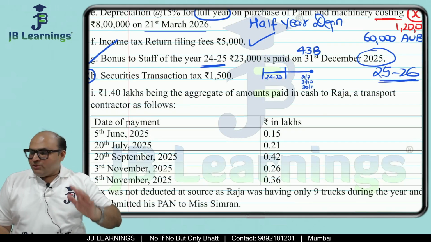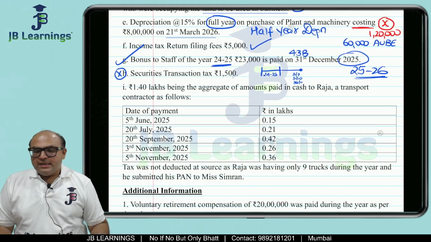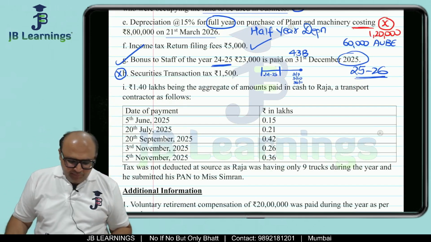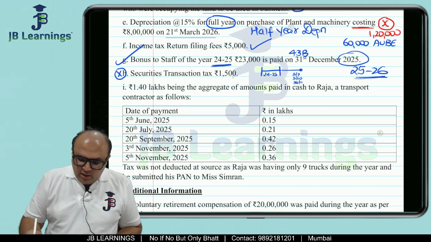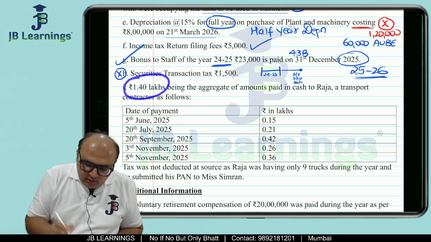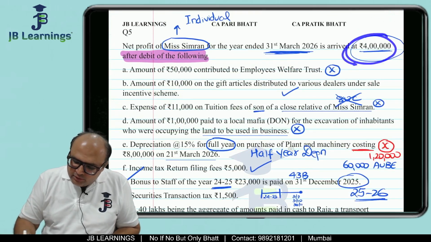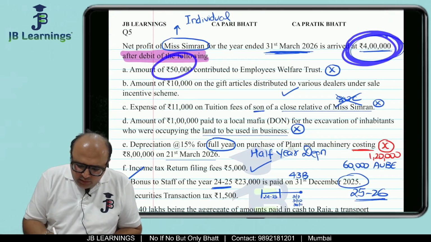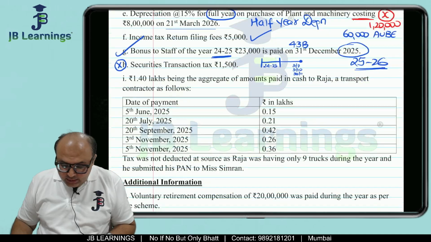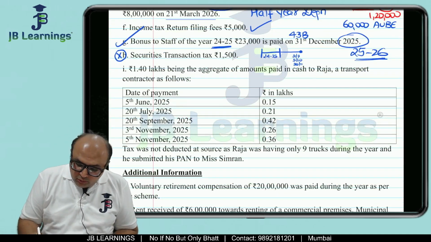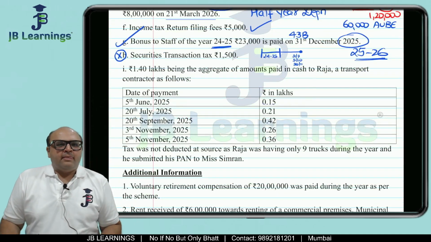Next, this is also very unique, all right? See, the next adjustment, I have kept it very unique. 1,40,000. But see how they have given 1,40,000. If you see the information which was given till now, it was given in a very normal way, like 11,000, 1 lakh. But now suddenly in this adjustment, they are giving all amounts in lakhs.